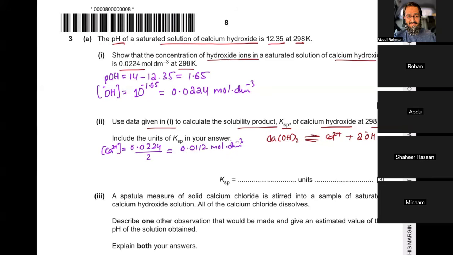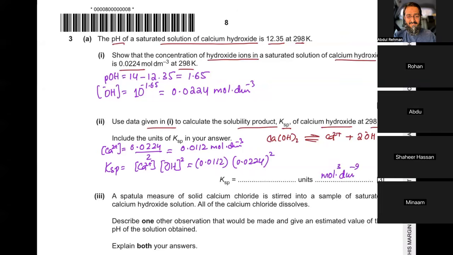And now the Ksp expression is equal to the concentration of calcium ions times the square of the concentration of hydroxide ions. So it is going to be 0.0112 times the square of 0.0224. So the unit is going to be mole cube dm minus 9.